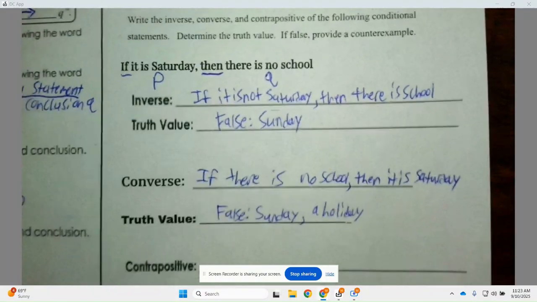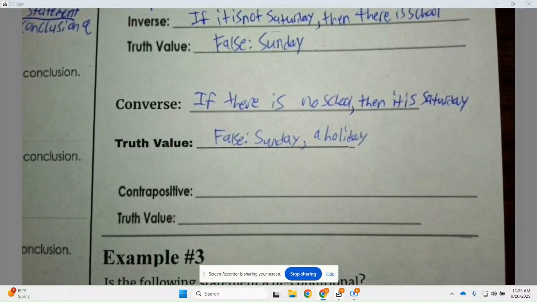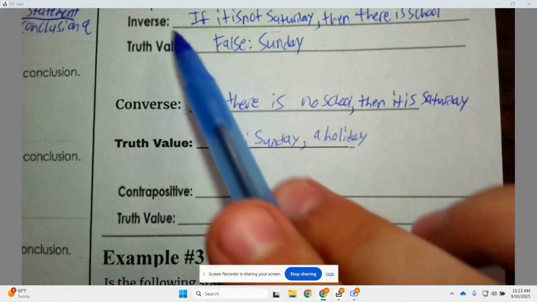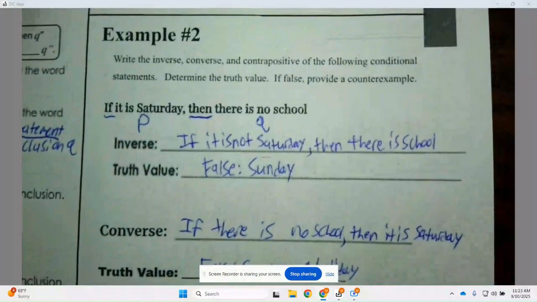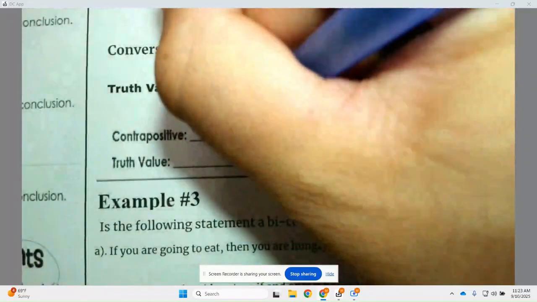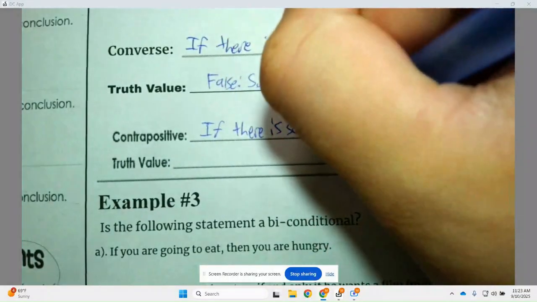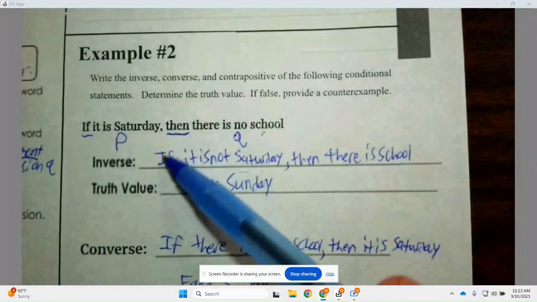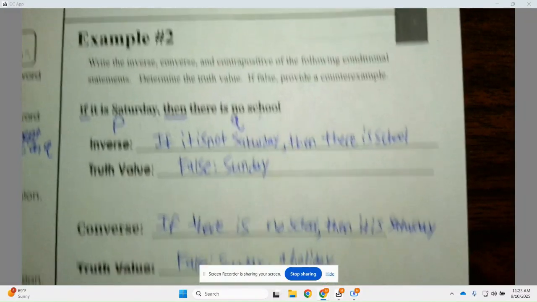And finally, the contrapositive. We're going to swap the order and negate the hypothesis and the conclusion. So, let's break it down. If originally we had there is no school for our conclusion, so we're going to say there is. So if there is school, we're going to negate the hypothesis now. Then it is not Saturday.